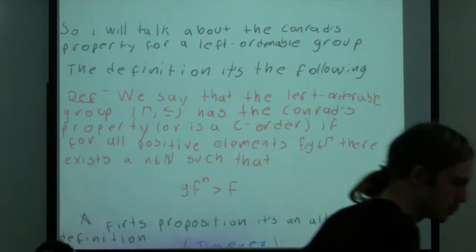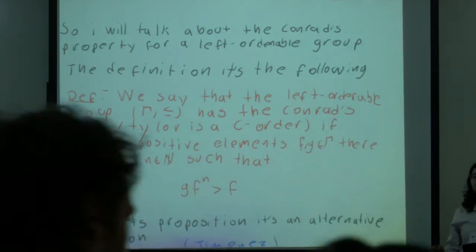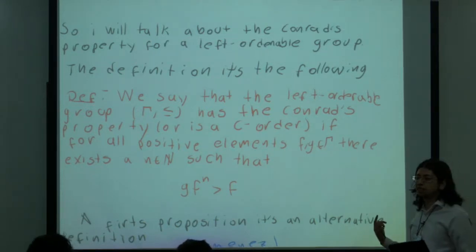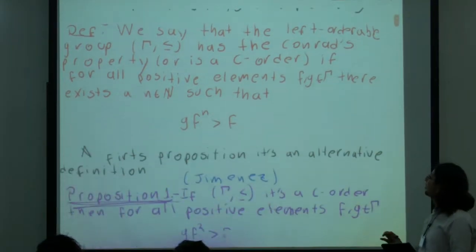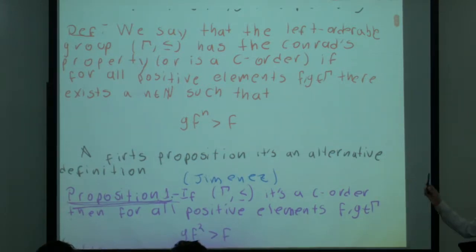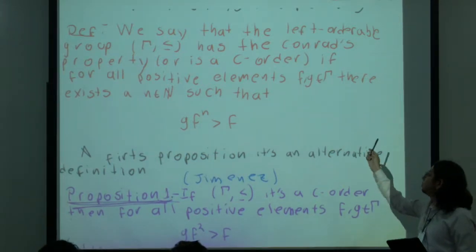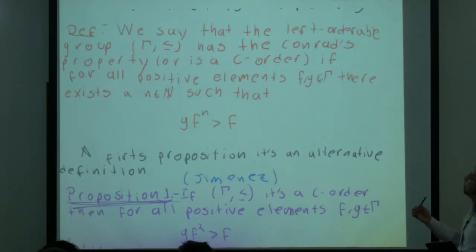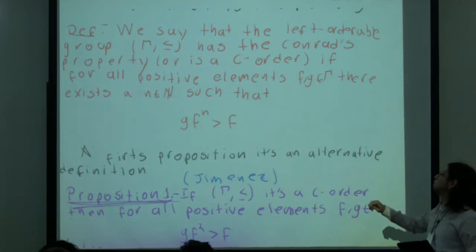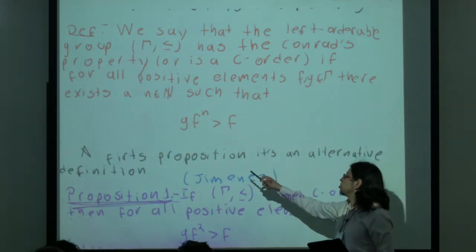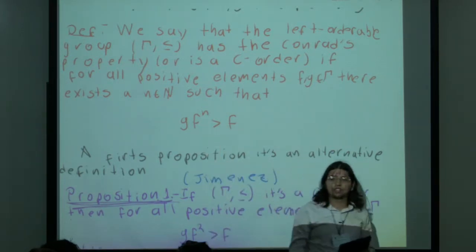So I will talk about this special kind of left orderable group that was introduced by Andres yesterday. Let's recall the definition. We say that a left orderable group has the Conrad property, or its order is a C-order, or Conradian, if for every pair of positive elements in the group, there exists a natural number n such that the inequality holds, right?